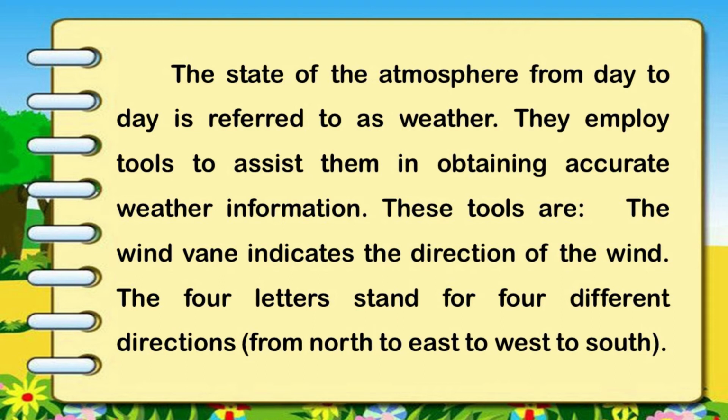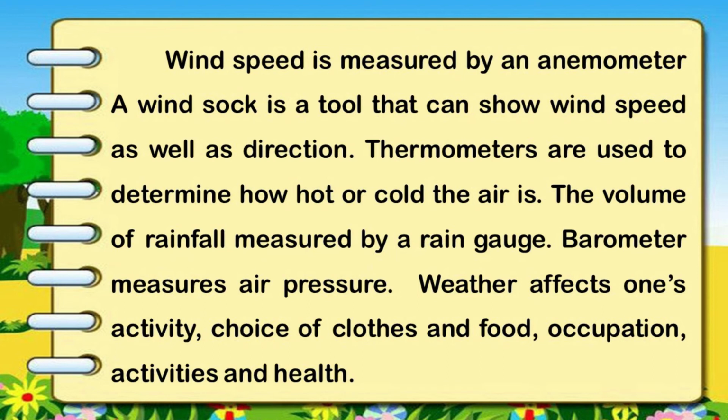These tools are: the wind vane indicates the direction of the wind. The four letters stand for four different directions, from north to east to west and to south. Wind speed is measured by an anemometer. A windsock is a tool that can show wind speed as well as direction.